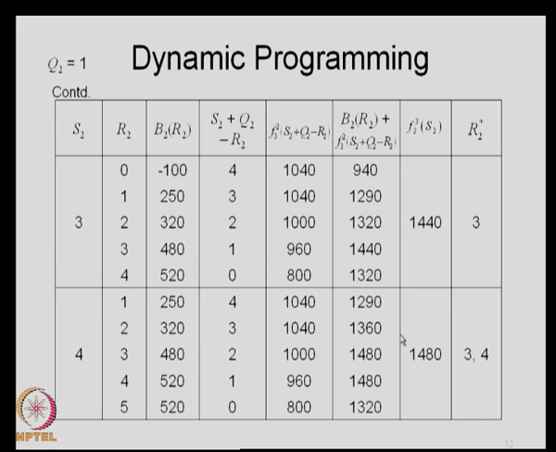So, when you do the third stage calculation, what is the question that you answered? We answered the question: if at the beginning of the third stage, which corresponds to period number 2 now, the storage at the beginning of time period 2 is known, what should be my R2 such that the total benefit inclusive of period number 1, period number 4, period number 3 and period number 2 is maximized.